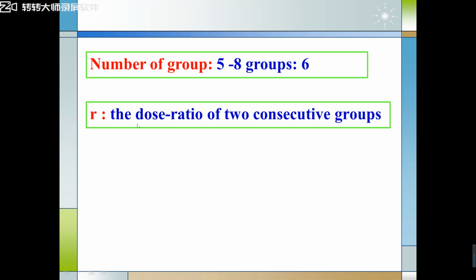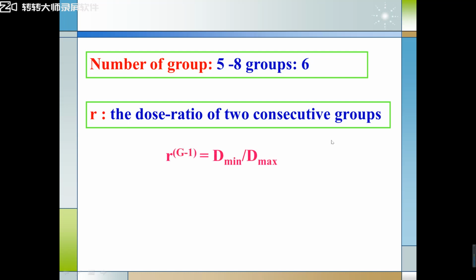Same with that one, the dose in the third group compared to the dose in the second group, this ratio is the dose ratio. The fourth group compared to the dose of the third group, the dose ratio. Same with this, the dose in the fifth group compared to the dose in the fourth group, and this ratio is the dose ratio of 2 consecutive groups.